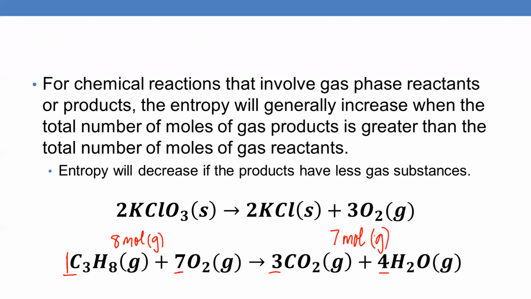So if we're thinking about which side of the reaction, reactants or products, would have a more favorable entropy, that would be the reactants, because the reactants have more total moles of gas involved.